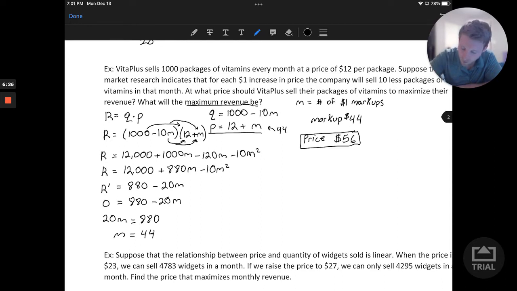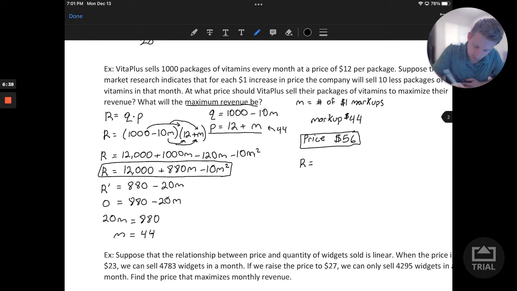So let's do that for a minute. Again, we're going to go back to the revenue function. So that's right here. And I'll have to find that as well. So take a moment to do that. The revenue here we can say is going to be 12,000 plus 880 times 56.